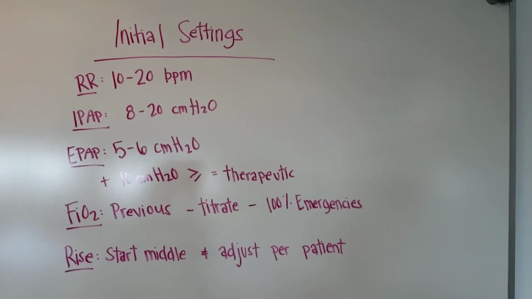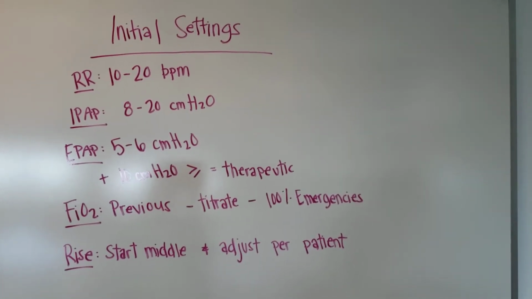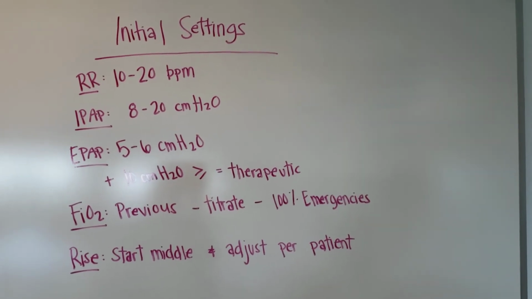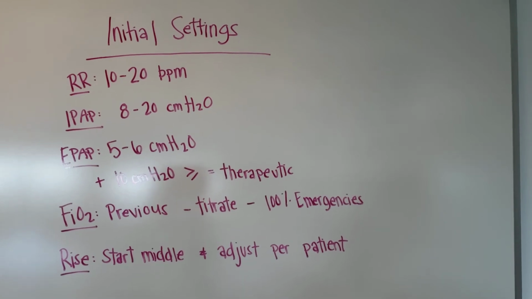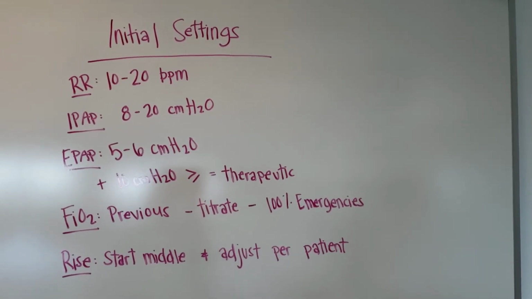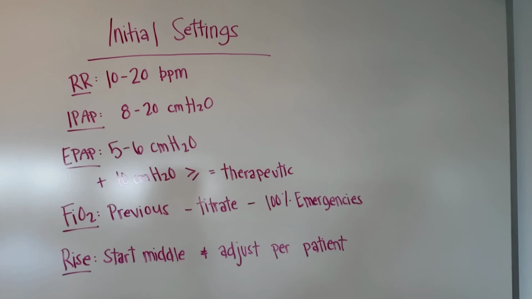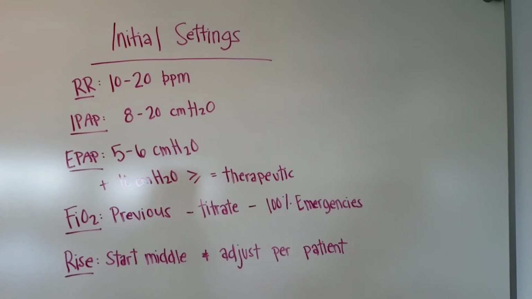So you'll be able to see exhaled volumes on the BiPAP, and you'll see that in my V60 video. Based on exhaled volumes, you can adjust the IPAP up and down. EPAP, 5 to 6 centimeters of water pressure is a typical starting point.